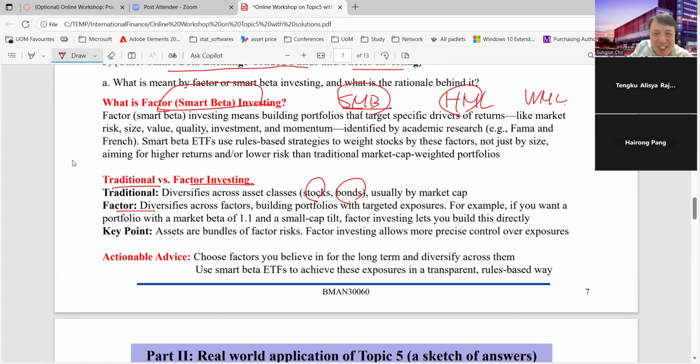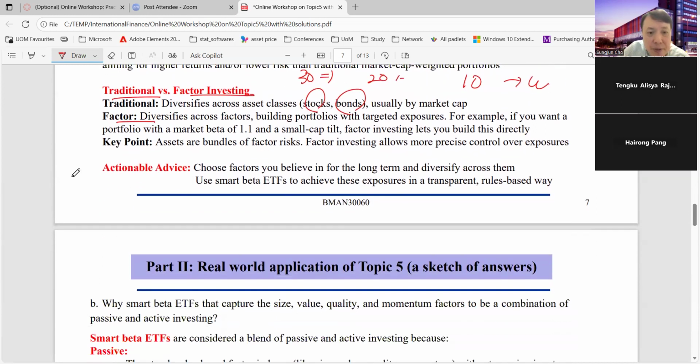Factor investment says you need to do that to the factor itself. So something like you put 30% to the market, 20% to SMB, 10% to winner minus loser. That's a factor investment. You directly put asset allocation to the factor itself, because factors generate persistent return for you. It's different from traditional investment.